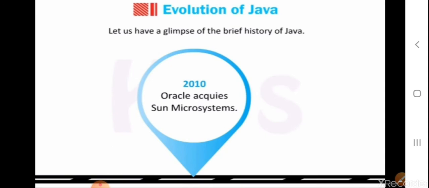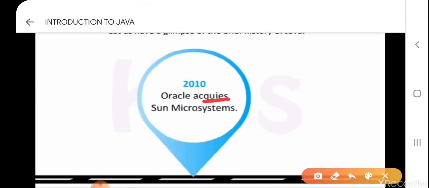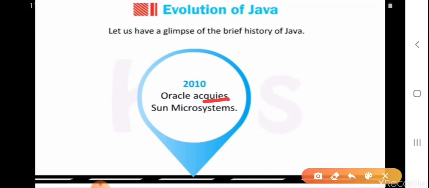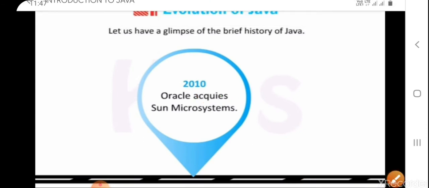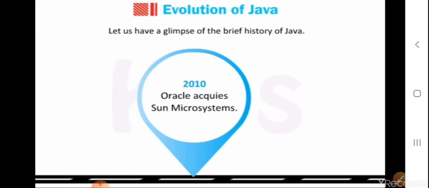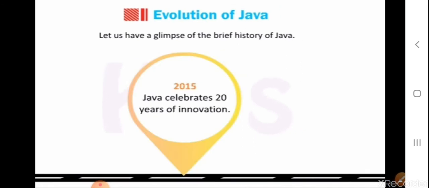In the year 2010, Oracle acquired Sun Microsystems. Pardon the spelling, it is acquired. So, in the year 2010, Oracle acquired the entire Sun Microsystems. So, Java became a part of Oracle. Now, in the year 2015, Java celebrated 20 years of innovation.